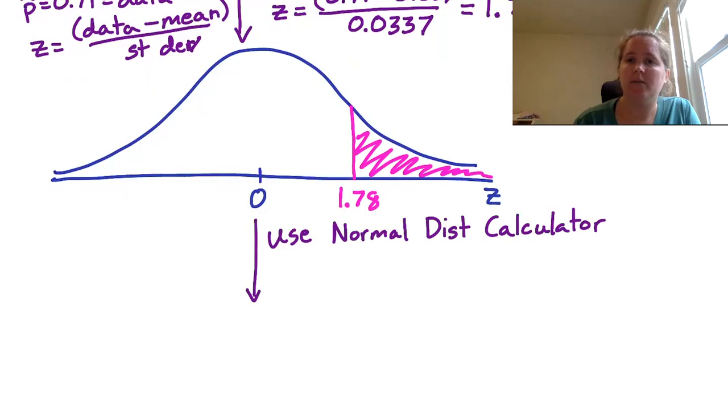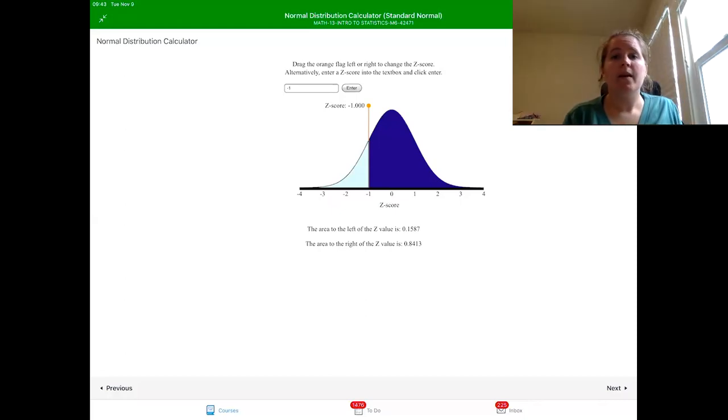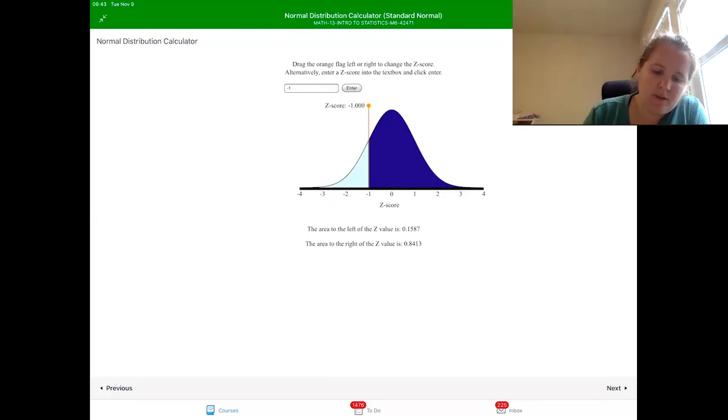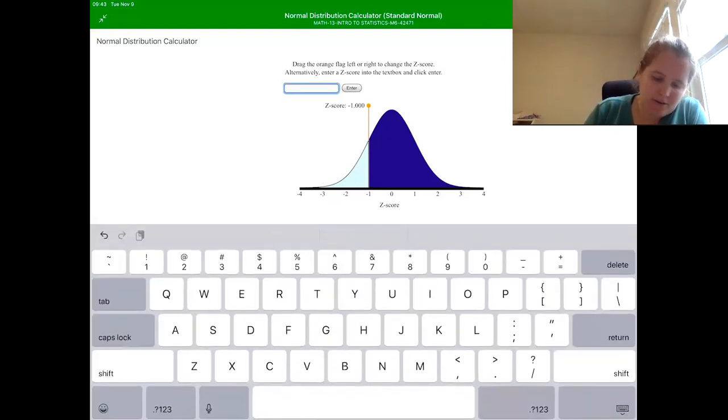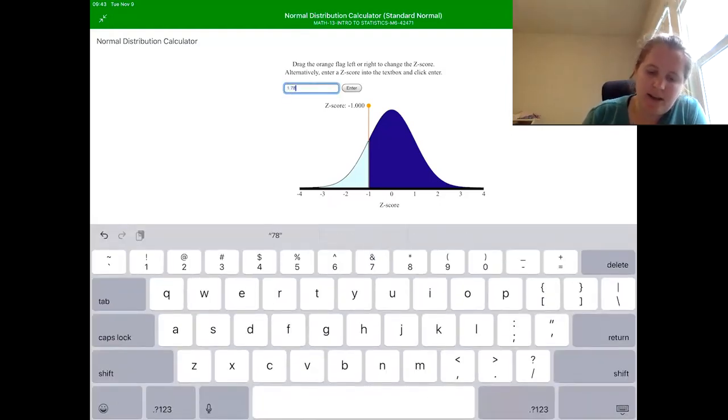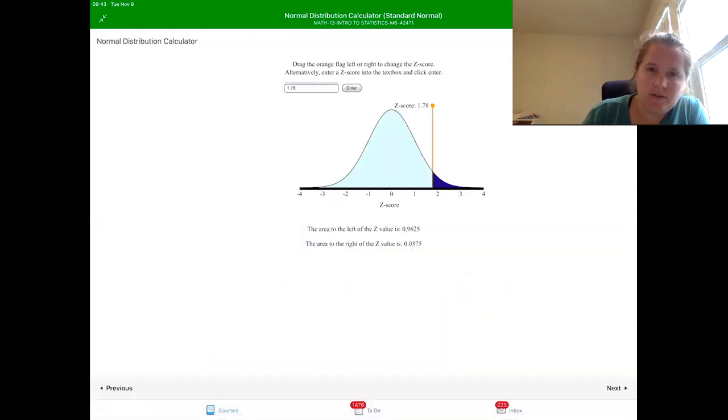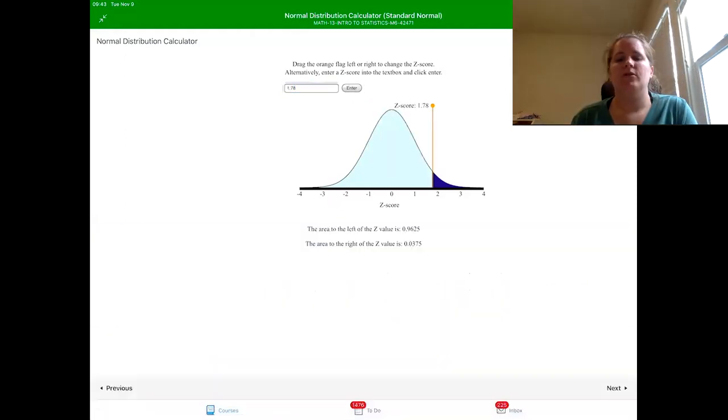So again, I'm going to switch over to the normal distribution calculator. I apologize, I am unable to zoom in on this video or on the screen. So we have 1.78. We'll hit enter. And then we're interested in the right area. So I'm going to take a picture of this and add it to our notes, and then I can zoom in.